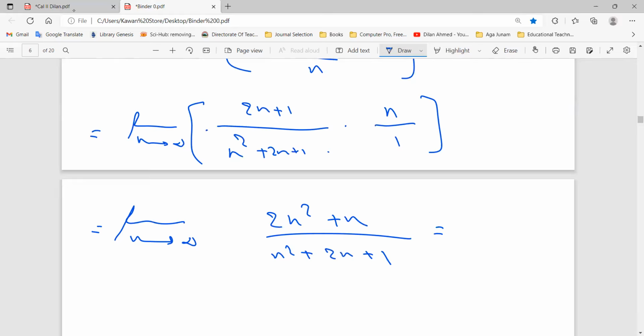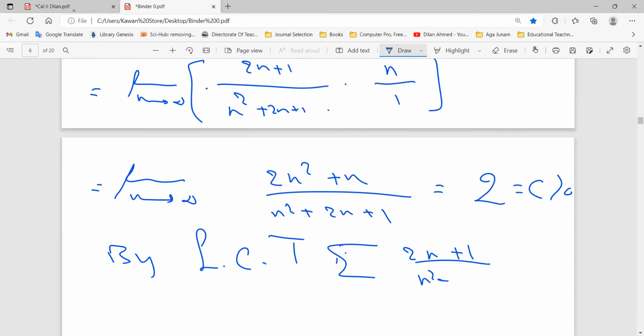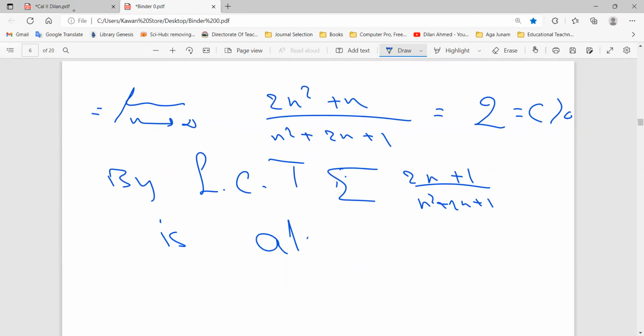It's equal to 2. Greater than 0 or not? So by LCT, our series A is what?